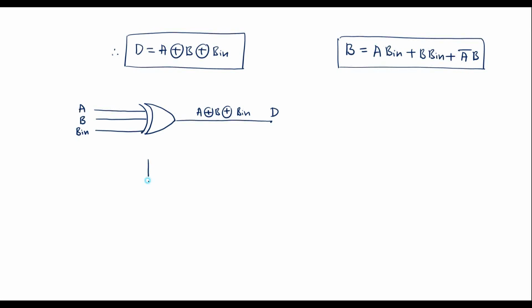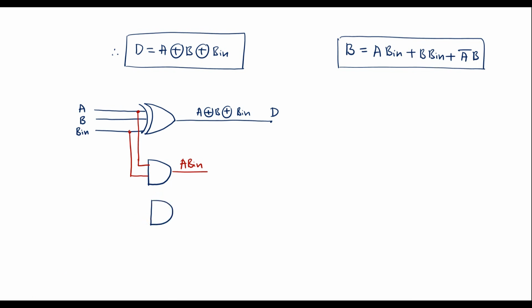Let me take one AND gate. Here the inputs are A and B in. This is A and this is B in. So the output of this is A B in. Then we have B B in, so let me use another AND gate.